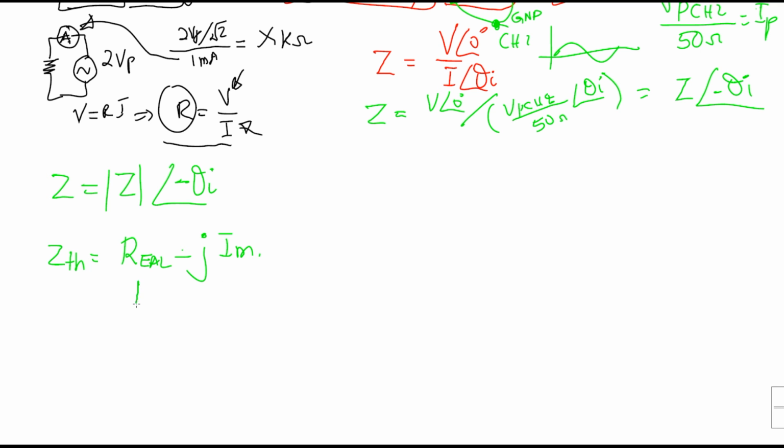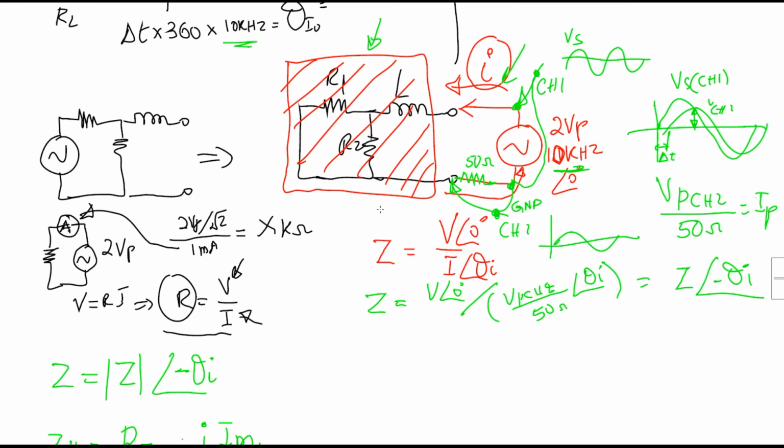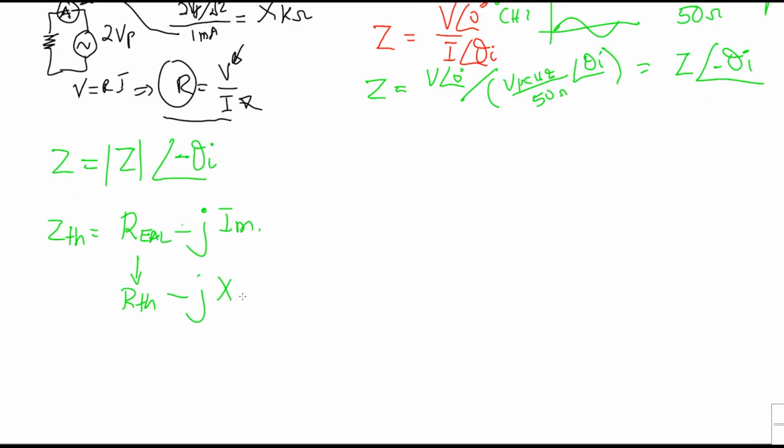This real part will represent our R Thevenin, and the imaginary part will be our X. Since in our circuit we don't have any capacitor, obviously this one will be inductive, so XL.